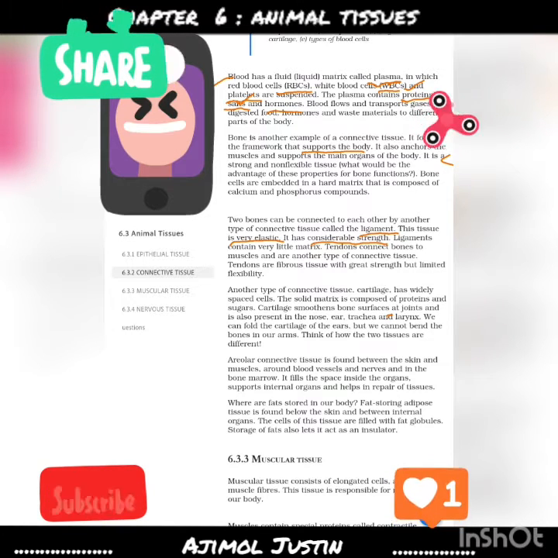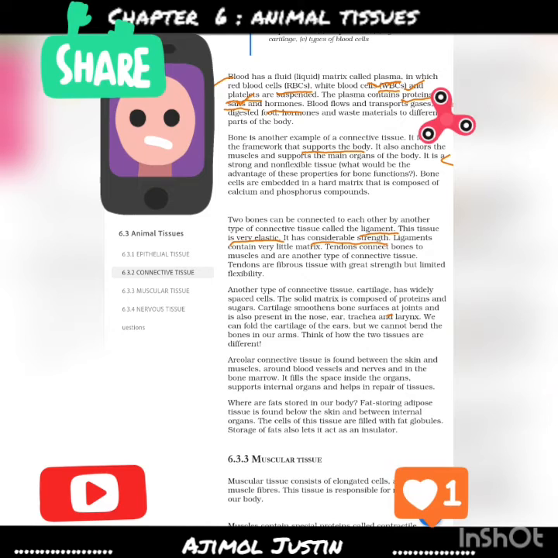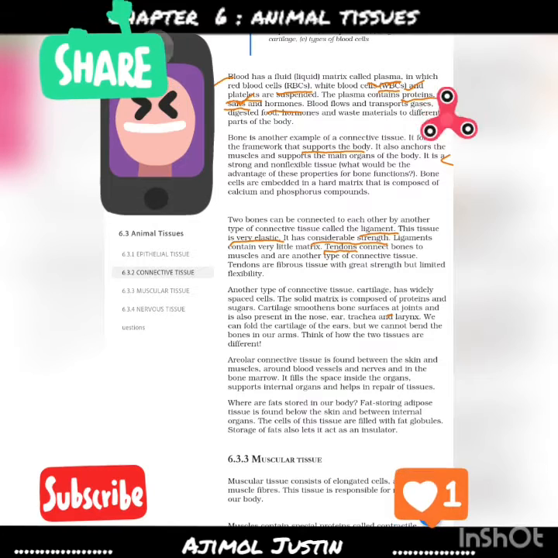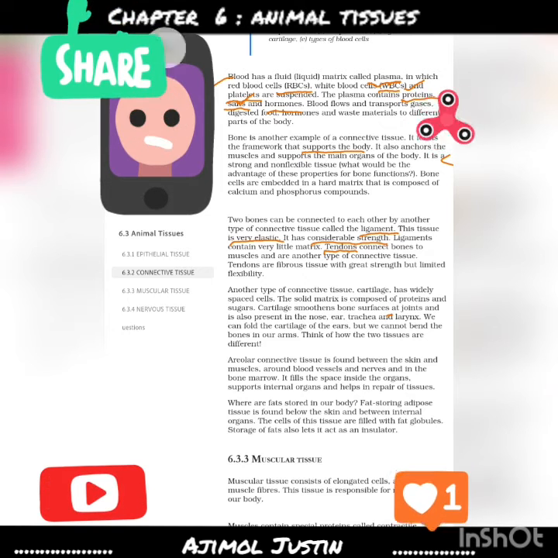Now in certain places muscles are fixed to bone. When muscles are fixed to bone, this type of tissue is called tendons, and they connect bones to muscles.